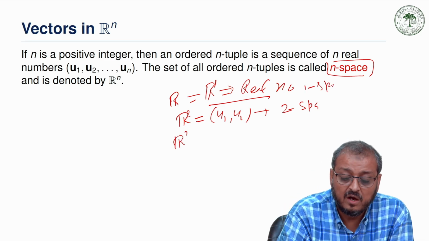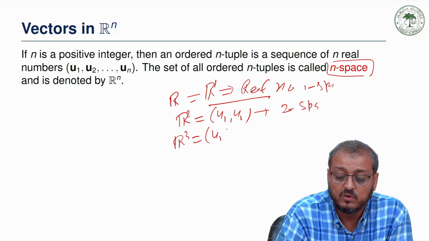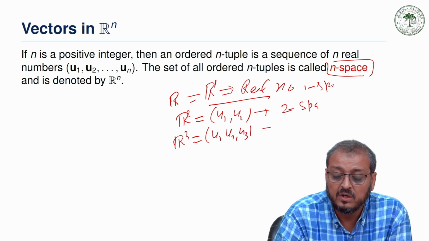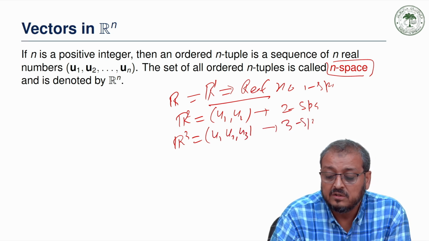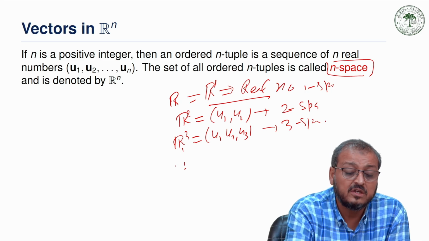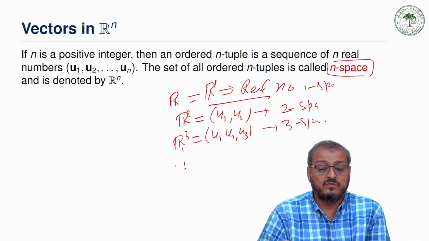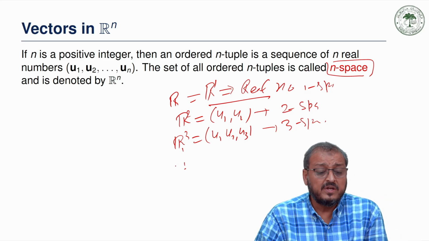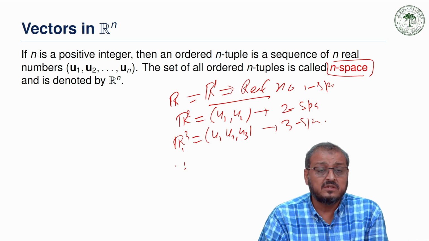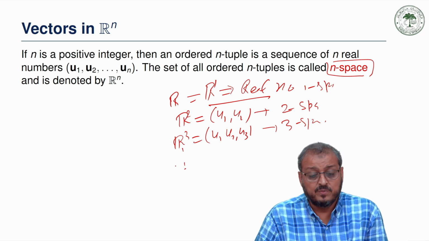If we take n equal to 3, that means u1, u2, u3, this is called 3 space. And in the similar fashion, if we have n elements, this is called n space.